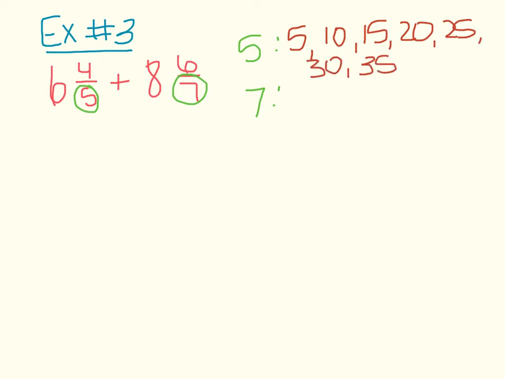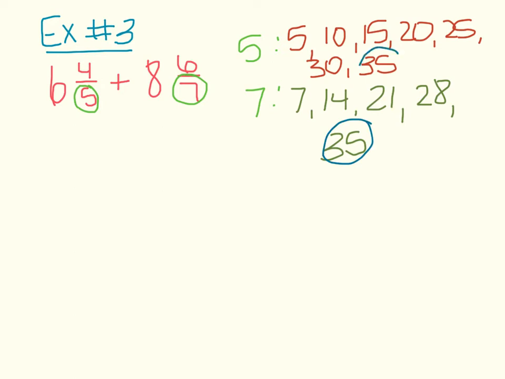And I'm going to stop there and do the 7. 7, 14, 21, 28, 35. And I just found my common denominator, 35. So now I have to change both of these denominators to 35.